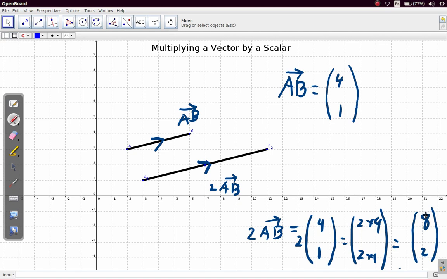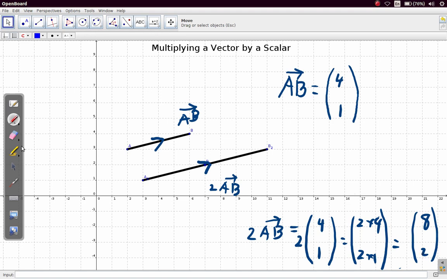In other words, if we want to go from one end of the vector to the other, we should travel 8 in the x direction and 2 in the y direction. That means 8 from left to right and 2 from down to up. 8 to the right and 2 upwards, if we want to go from one end to the other.